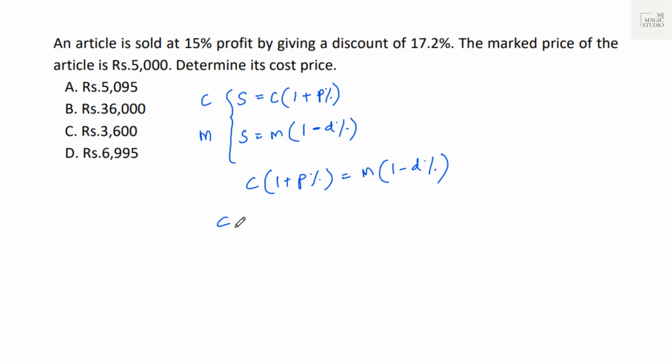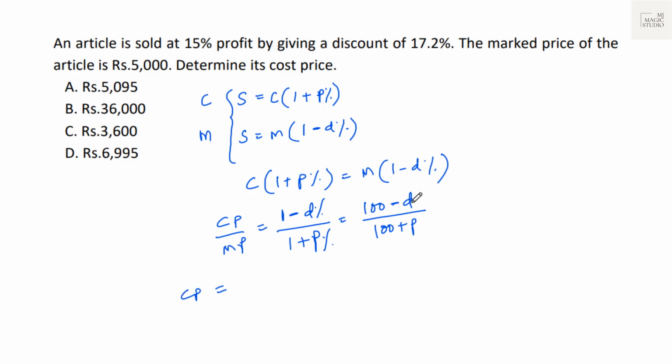And hence it becomes a glorious formula. CP by MP equals 1 minus D upon 1 plus P. Wow. This is how the formula is derived. Clear? But this is in percentage. So I can write this as 100 minus D upon 100 plus P if I remove the percentage. Now you can use it.